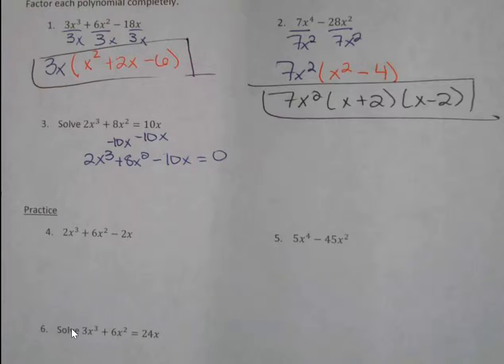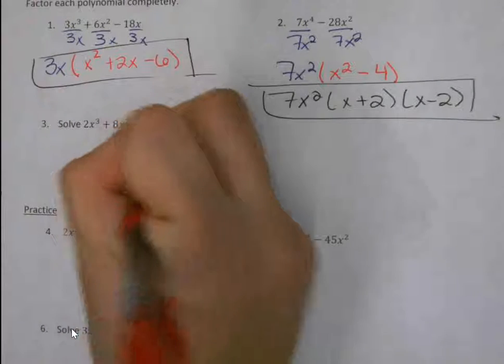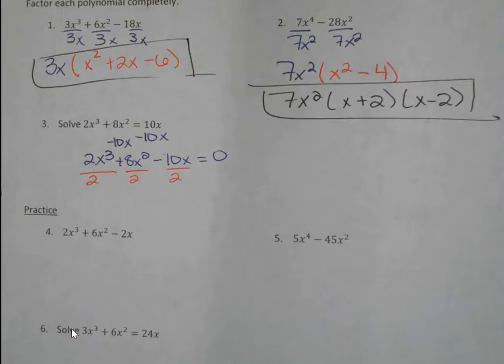What goes into 2, 8, and 10? Two. So I'm going to divide all of them by 2. Can I take out any variables? X.